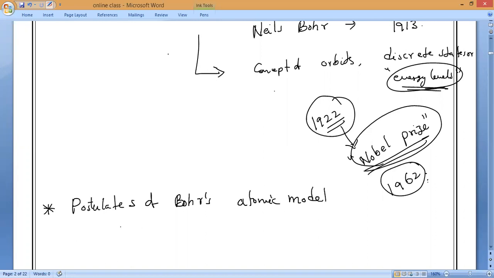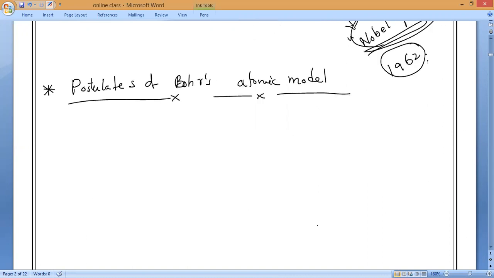Understanding? Bohr's atomic model, first thing. What did he say? He said that electrons revolve around the nucleus in closed circular paths. That path we call orbits, or shells, or energy levels. Please remember that, all of you.